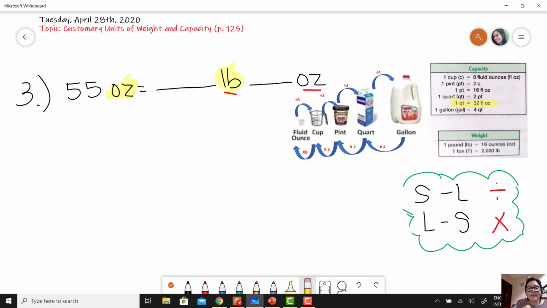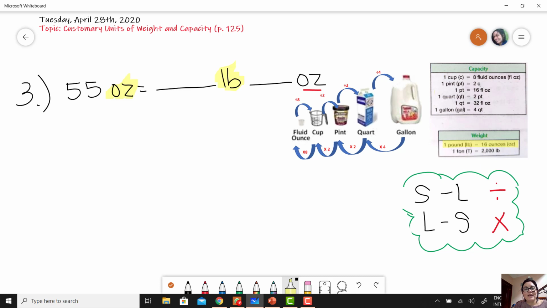Ounces and pounds together is not in the chart of capacity. Now we have to look in the chart of weight. Look, here we have it. 1 pound, 16 ounces. Look in the chart. 1 pound, 16 ounces. So in 55 ounces, how many pounds?